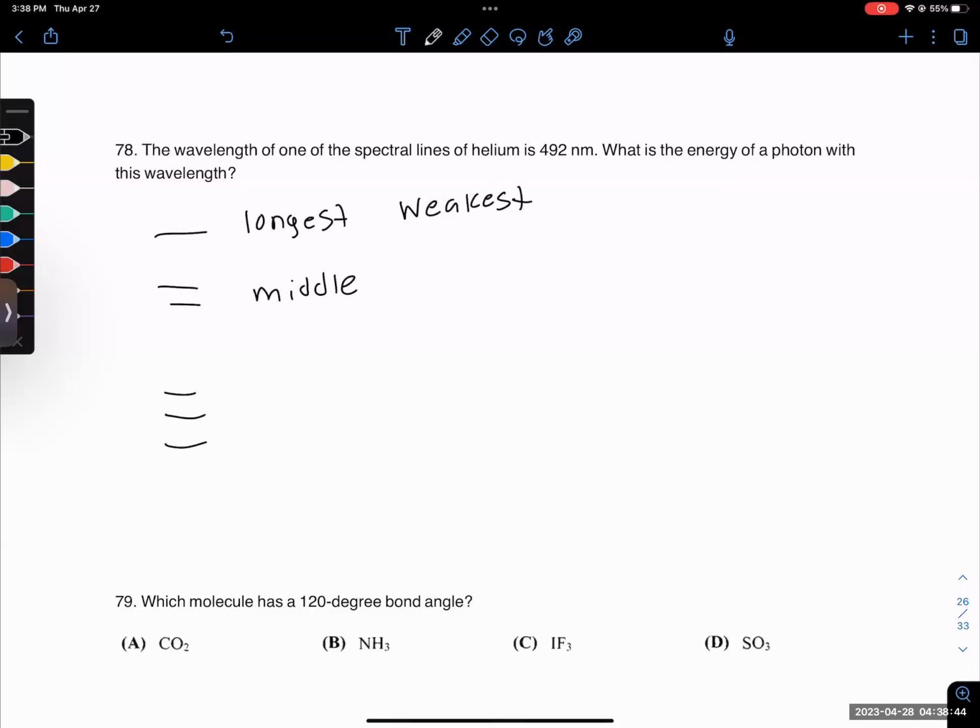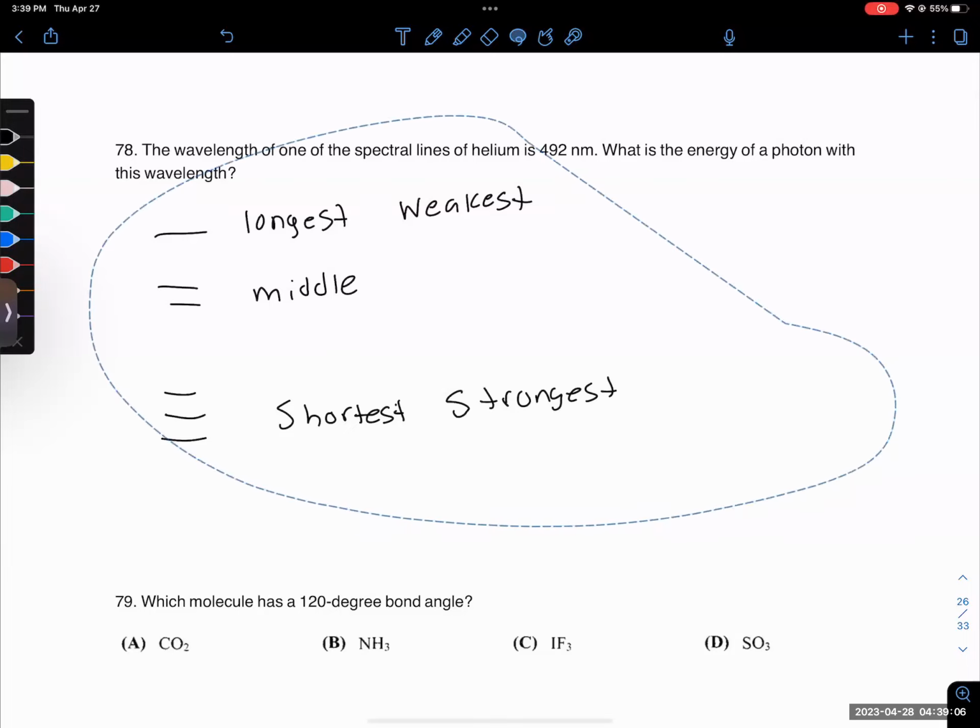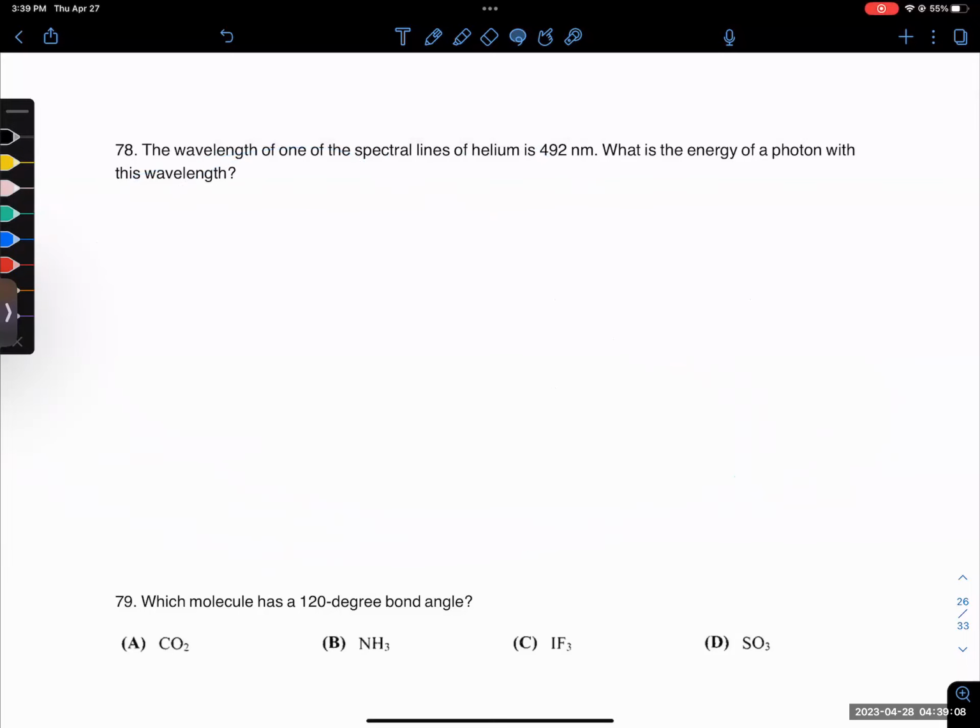Triple is the shortest and also the strongest. So these are the intermediates, okay? That's the way you would do bond length.